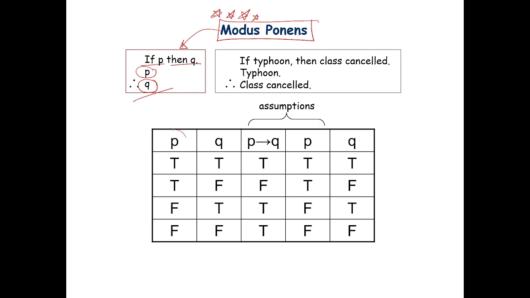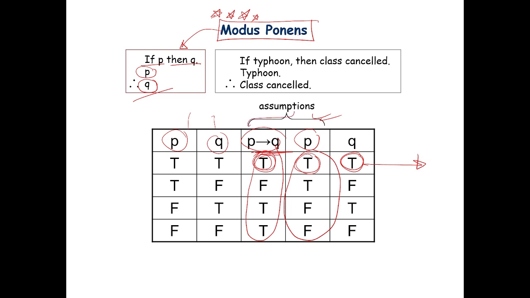So in this case, P, Q, you take all of its values. So P implies Q has these values. You say P, so to make this true, this should be true, right? These are the assumptions. The assumptions are that these are all true. So we're going to look at just this row.